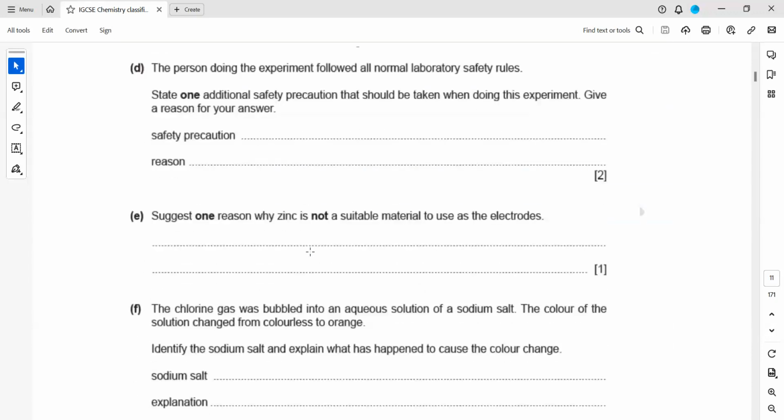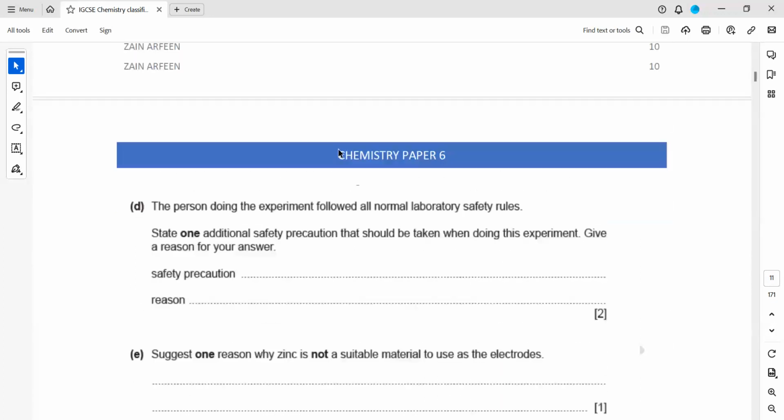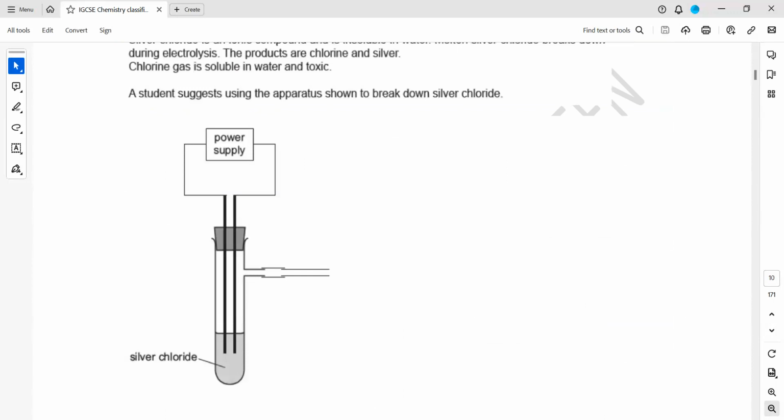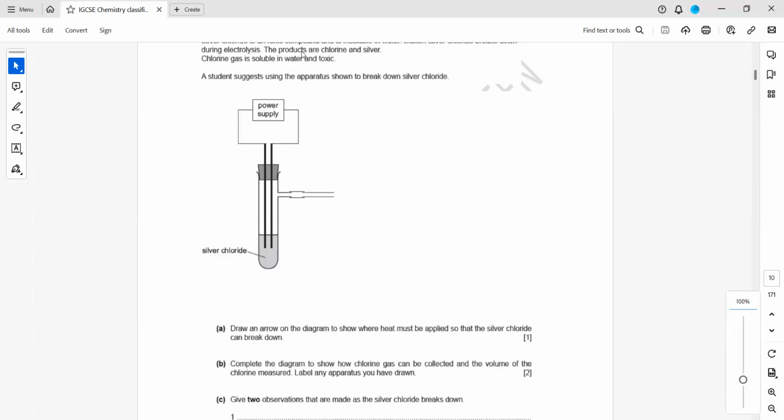Then the person doing this experiment has followed all normal lab safety rules. State one additional safety precaution that students should take when doing this experiment. Give a reason for your answer. Whenever any substance is toxic, we should carry out this experiment in a fume cupboard.